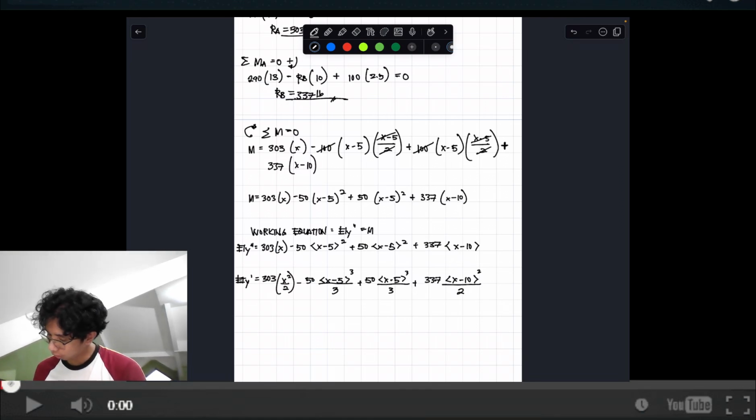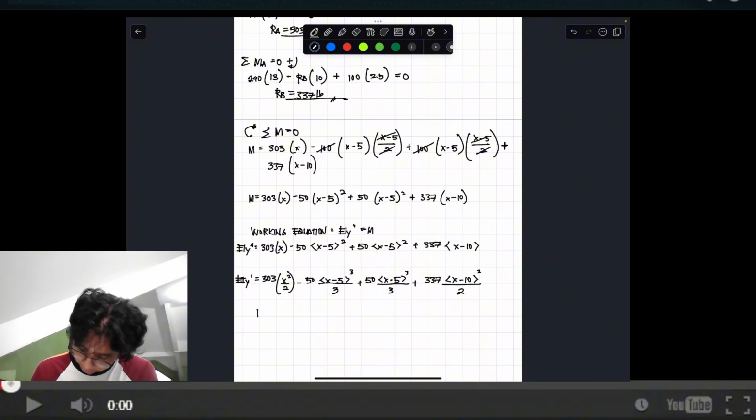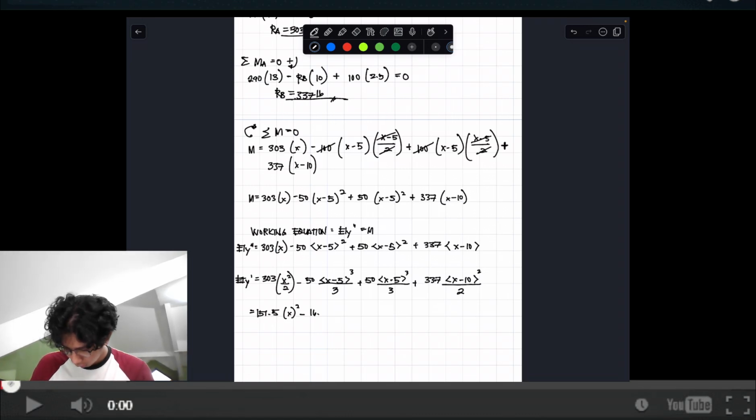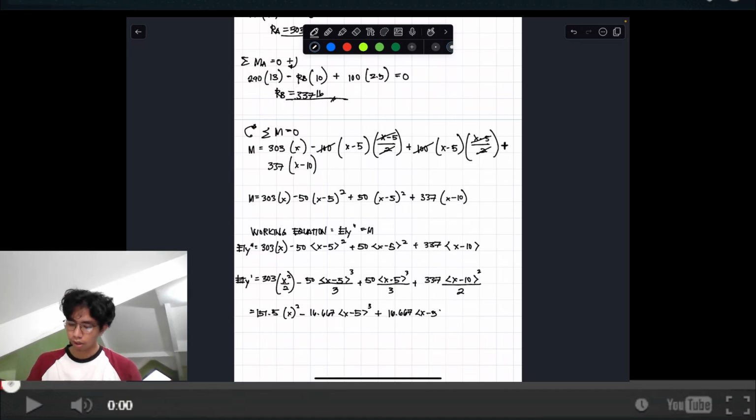So, ang mangyari next is 303 divided by 2, which will be 151.5 x squared minus 50 divided by 3 is 16.667 multiplied by (x minus 5) to the power of 3 plus 16.667, so 50 divided by 3 is 16.667, multiplied by (x minus 5) raised to the power of 3, plus 337 divided by 2 will be 168.5 multiplied by (x minus 10) raised to the power of 2.